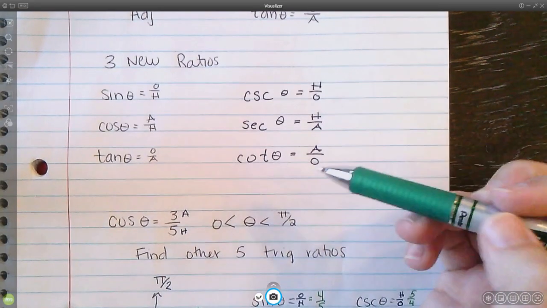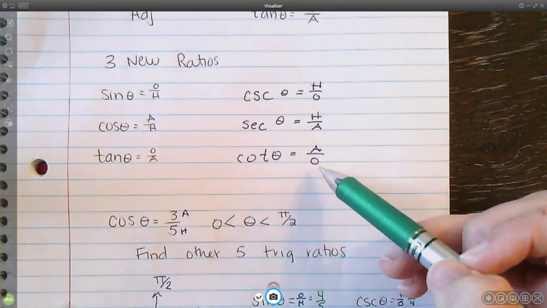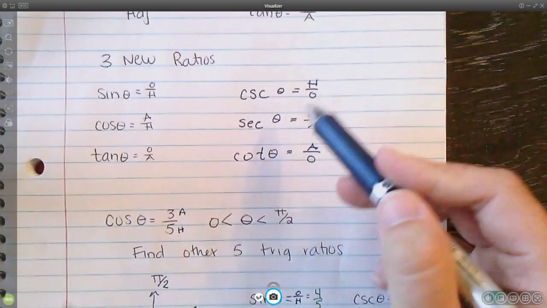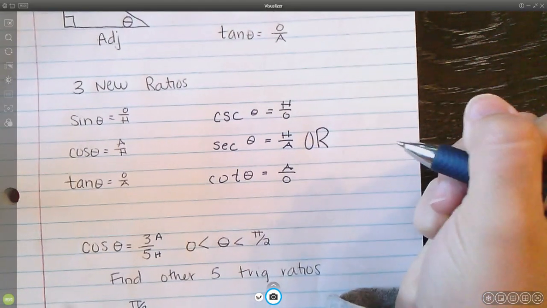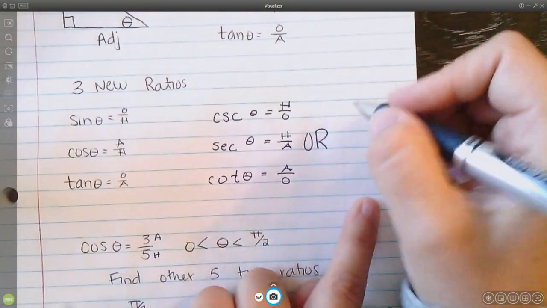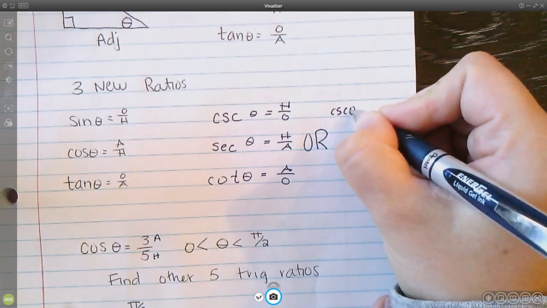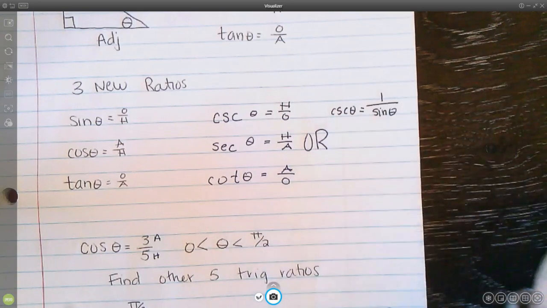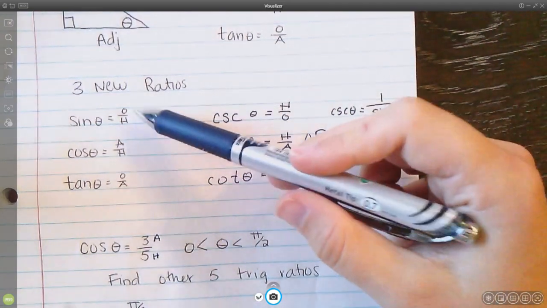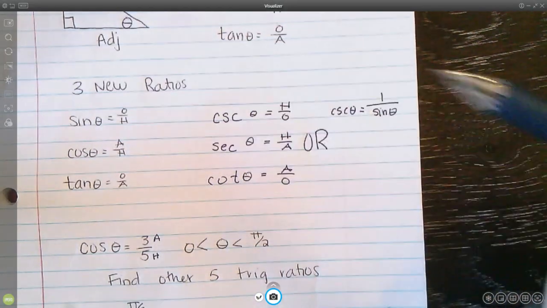Okay, so if cosecant is H over O, secant is H over A, and cotangent is A over O, this is exactly the same. So I want you to write this down and save this too. Or you can write cosecant of theta equals 1 over sine of theta. Since these two things are opposite, it's the same as 1 over sine.